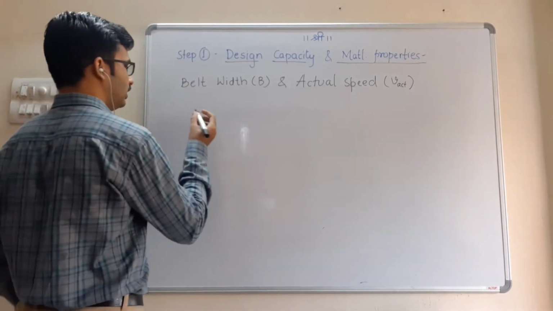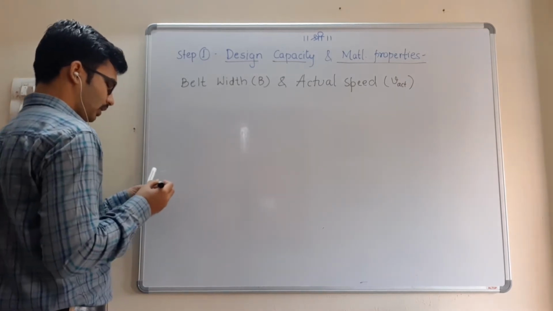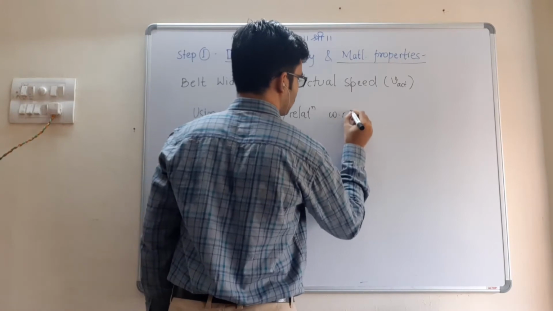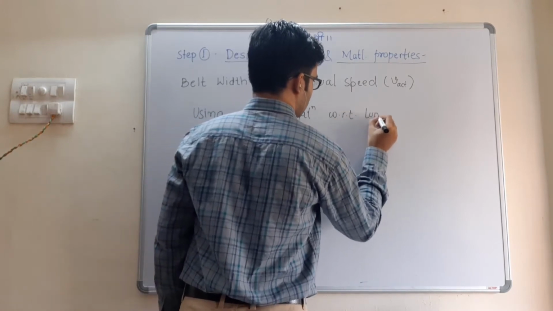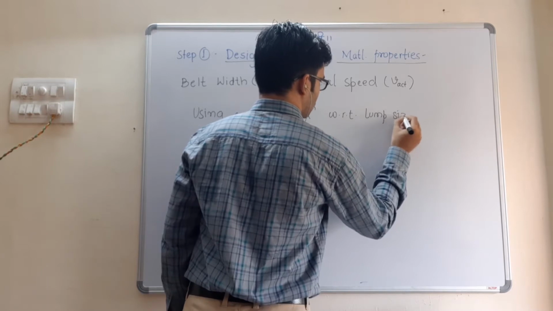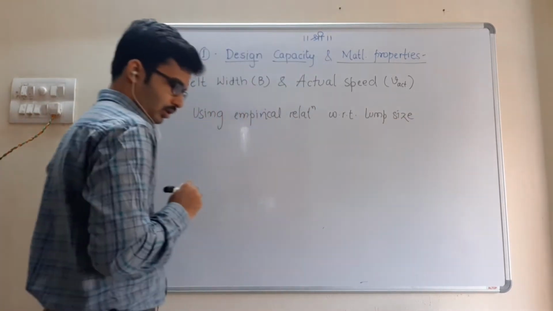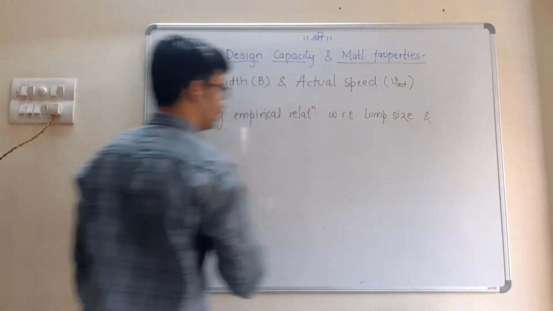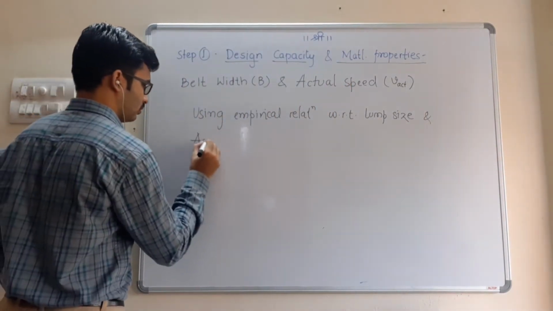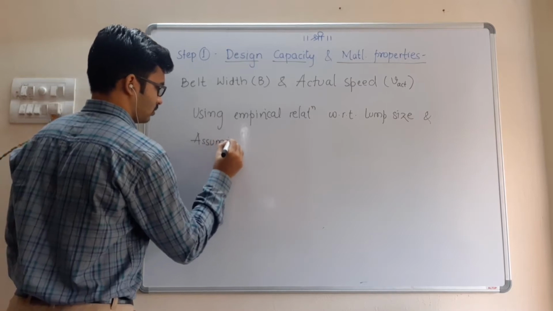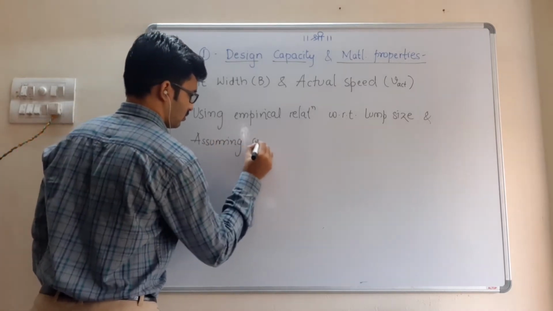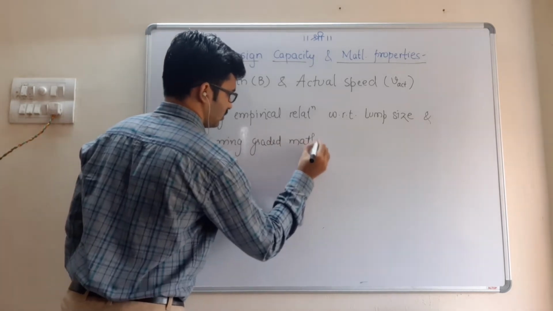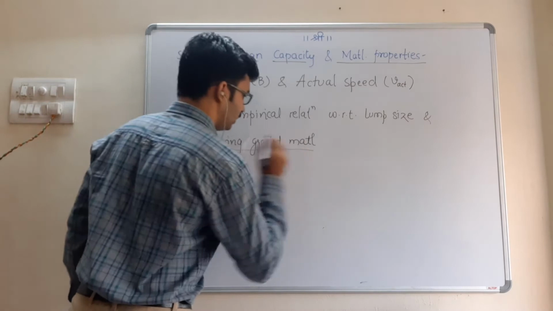So we'll write it as using empirical relation with respect to lump size and assuming graded material. Now why do we have to write it down assuming graded material?